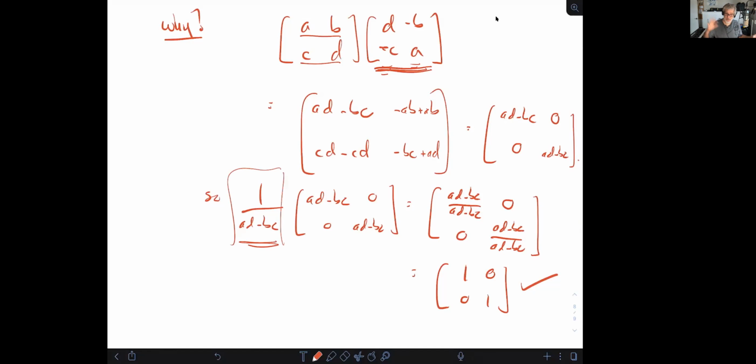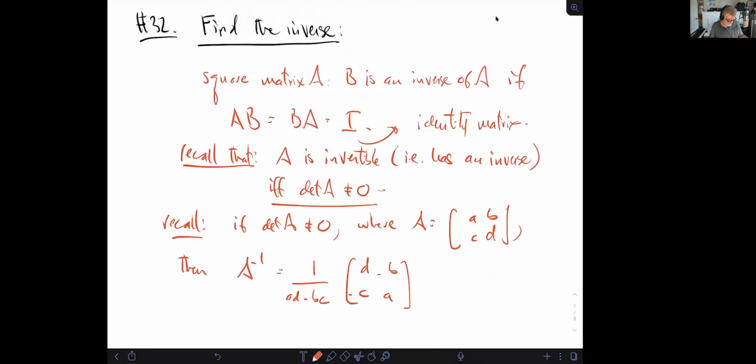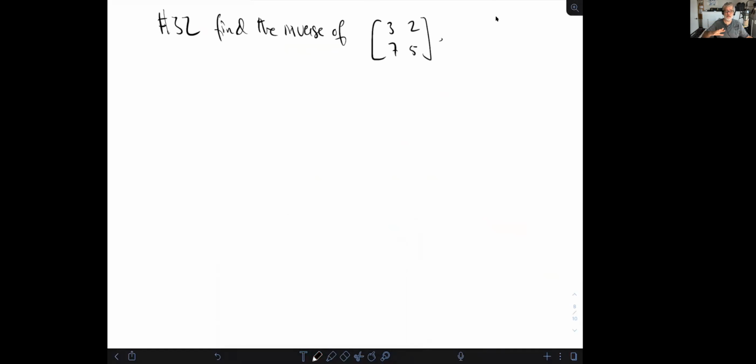Okay, so again, let's go back one up. I didn't start the problem, so let's do that. Let's go now to problem 32. Find the inverse of the matrix 3, 2, 7, 5. A better question would be: determine if the matrix is invertible, and if it is, find its inverse.